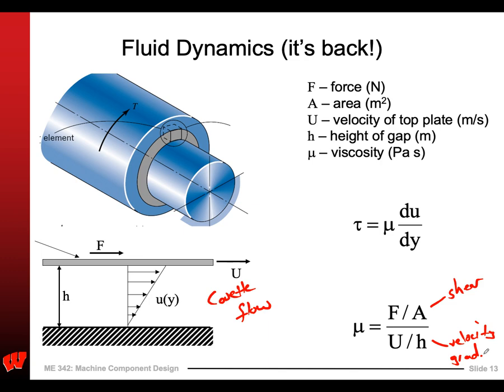Okay, the velocity gradient there, right? And if we zoom in here, this thing is rotating, this thing's not. Boy, it looks a lot like this, right? Except if we assume this is very thin, we can say it's basically flat, right? So we can do this in Cartesian coordinates.